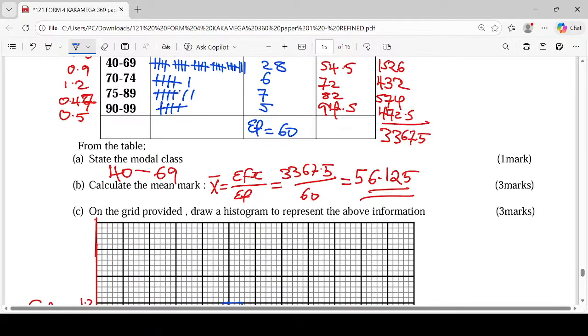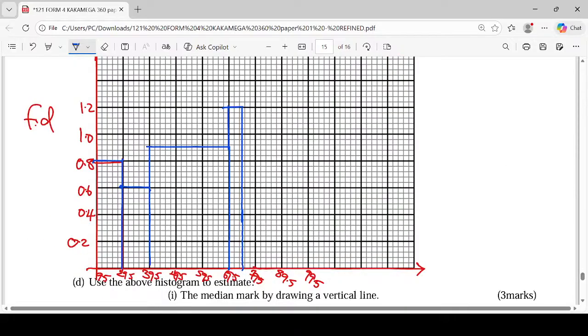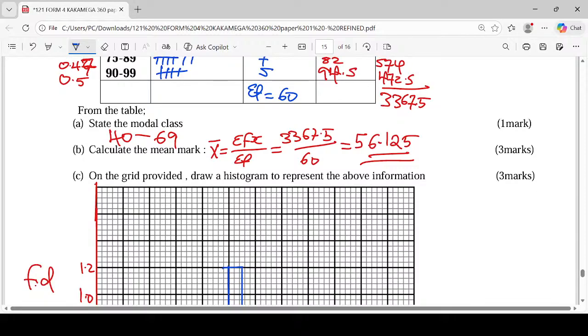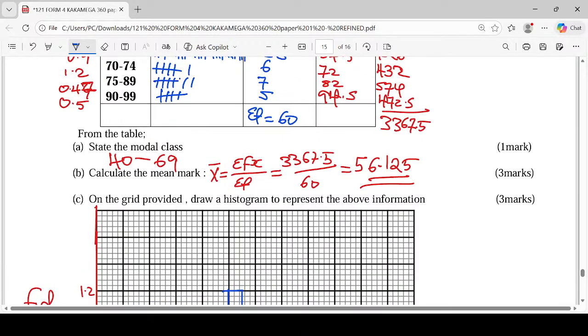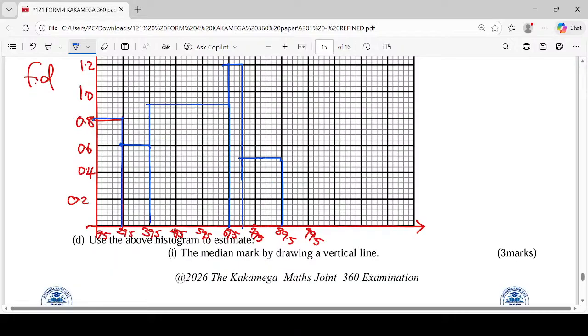The frequency density there is 0.5. Like that. Then from 90 to 99, the frequency density is 0.5.